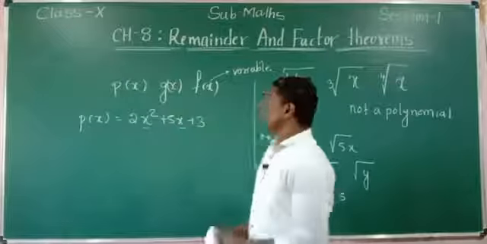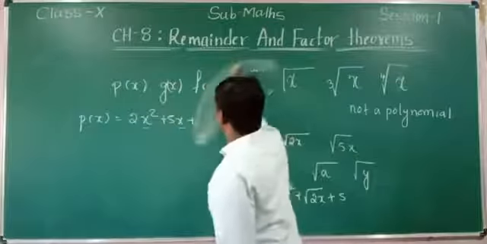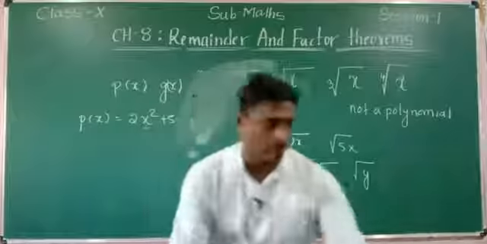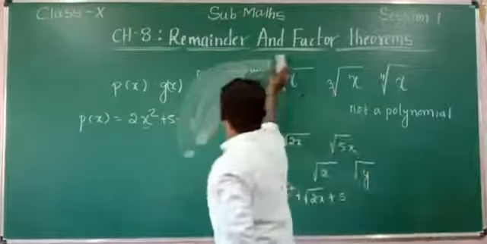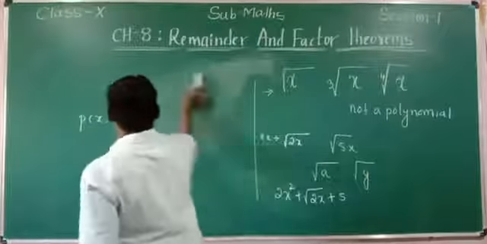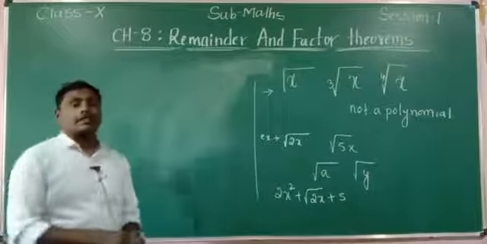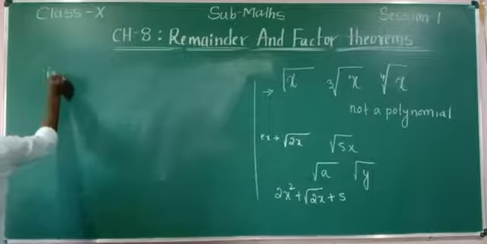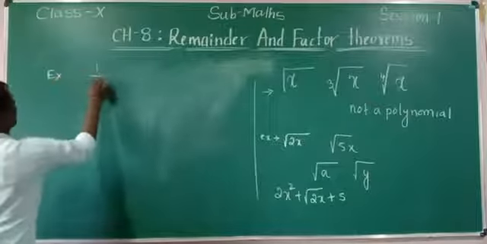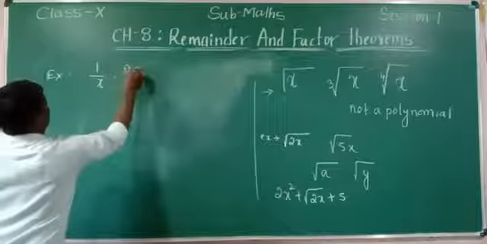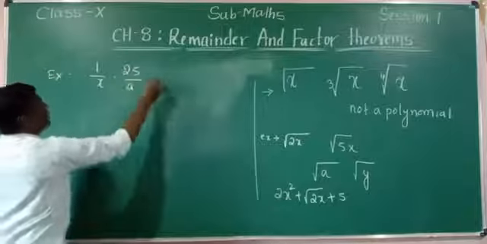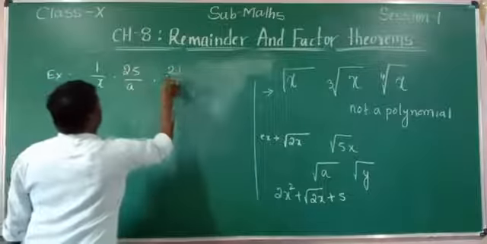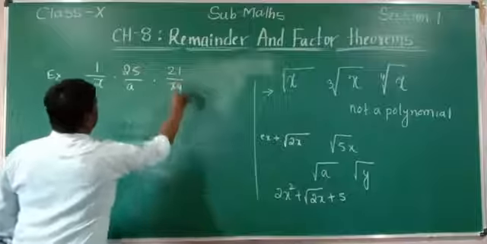One more condition is, if the variable comes in the place of the denominator, then also we do not consider it a polynomial. For example, 1 by x, 25 by a, 21 by xy.